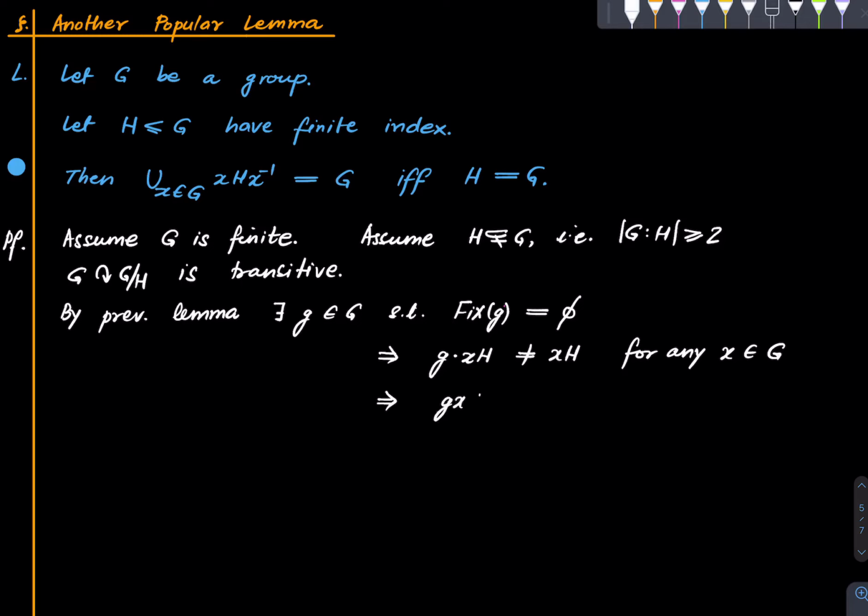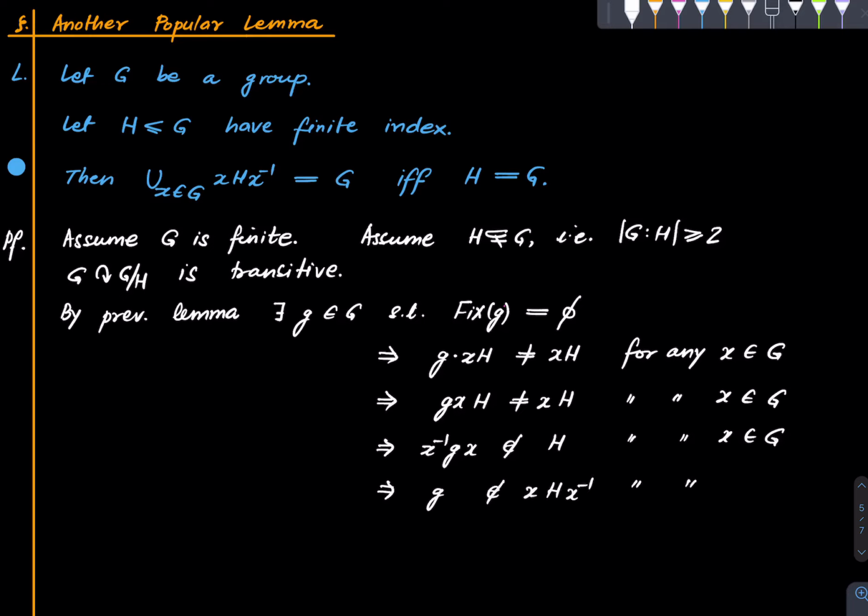So this means gxH is not equal to xH for any x in the group G, which means that x inverse g x is not in H, no matter what x you pick, which is to say that g is not in xHx inverse, no matter what x you pick. And hence, g is not in the union of these conjugates.